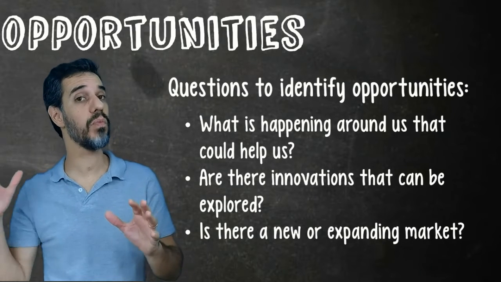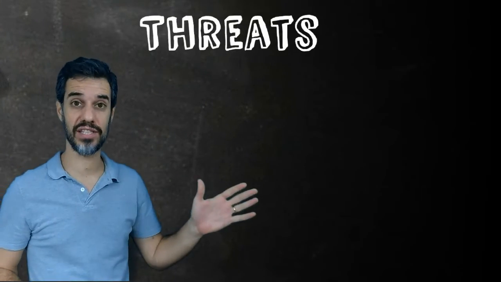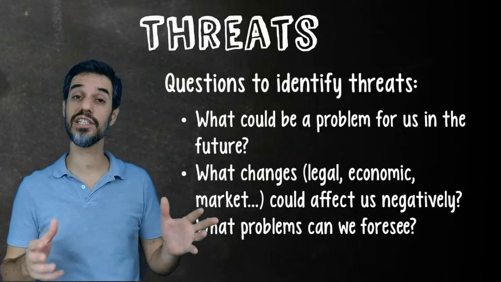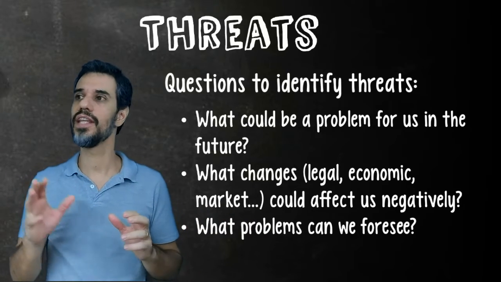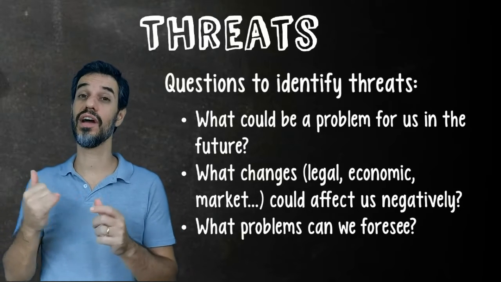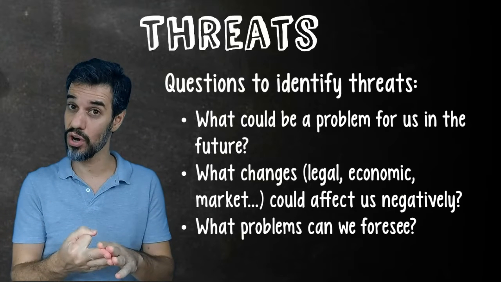The same external point of view we are going to use in the last cell, that is the threats. The questions here are: what could be a problem for us in the future? What's happening outside of our company that could bring us problems, like economic problems or environmental problems? Is there a lack of a resource coming?